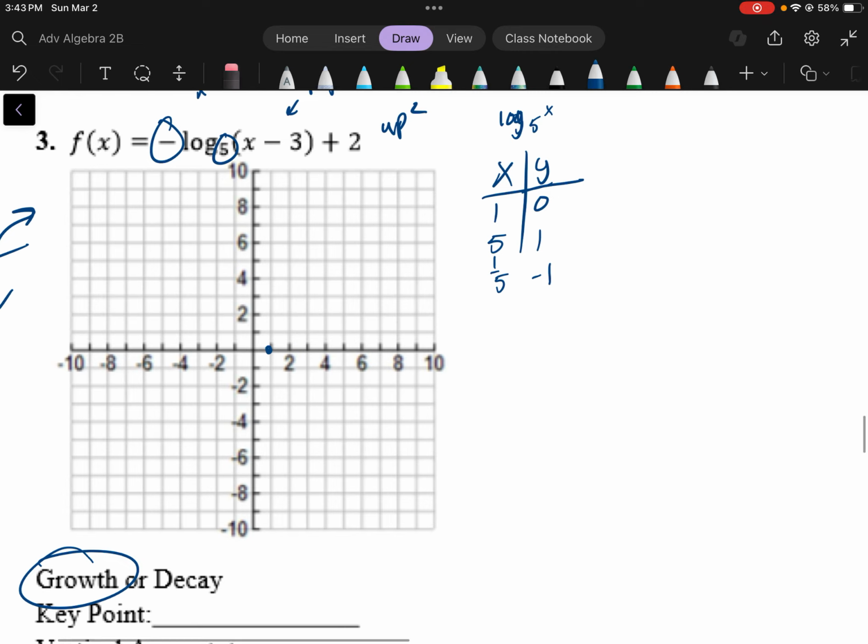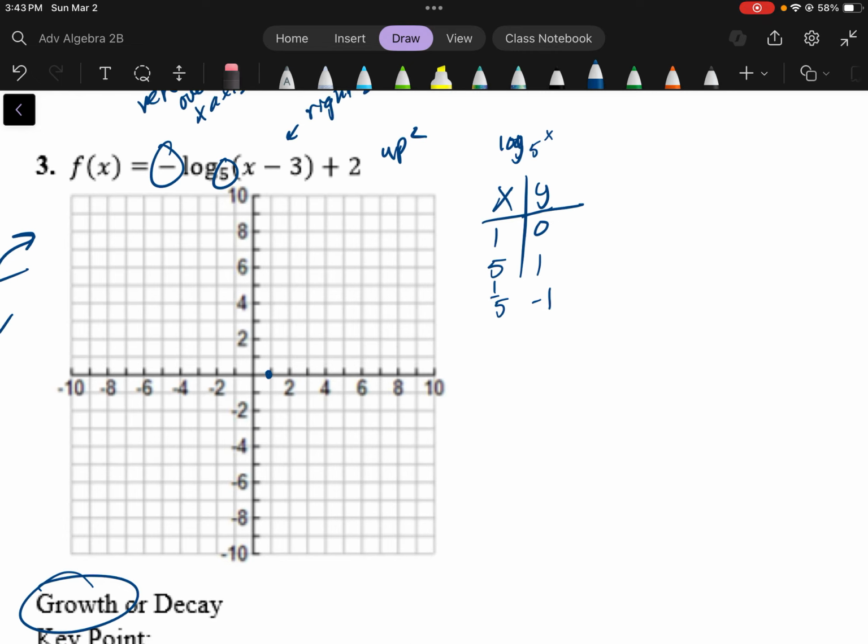Okay? Now we can graph it: 1 comma 0, we got 5 comma 1, and 1/5, negative 1. So look right there. And so we're going up, we're going to hit this point, flatten out and go about like that.